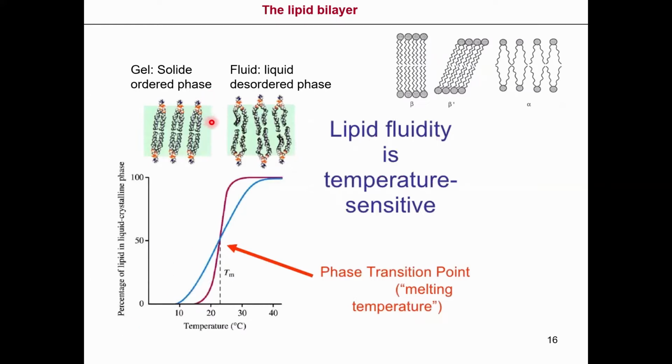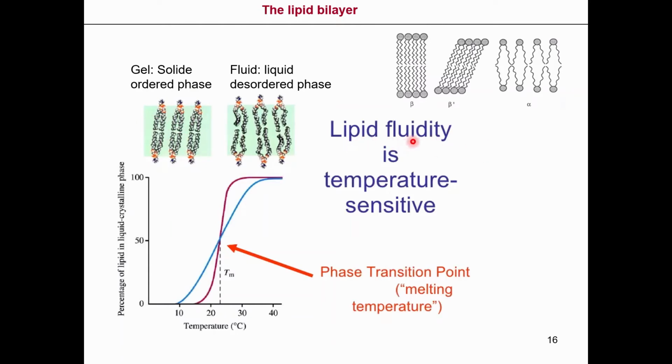So, as I said, you have two phases: the gel, the solid ordered phase, and the liquid, which we call fluid, the disordered phase. In liquids, we can have lateral movement, and in the solid, you cannot have any movement.